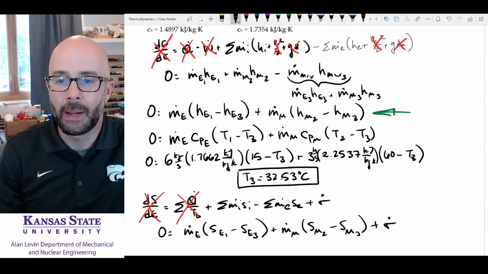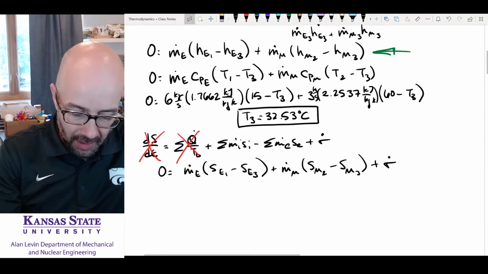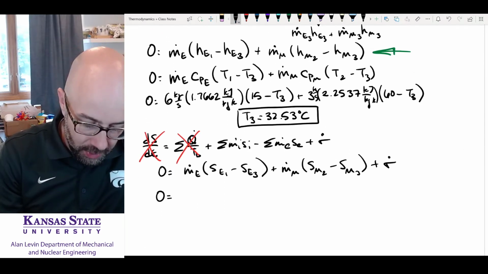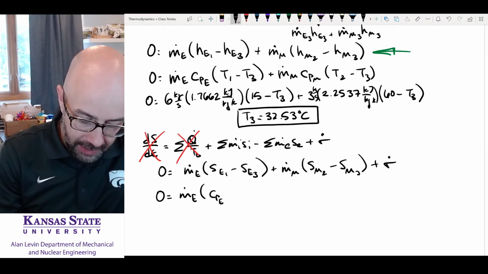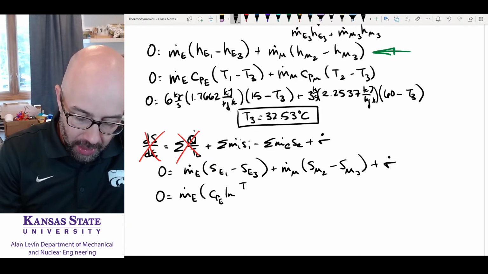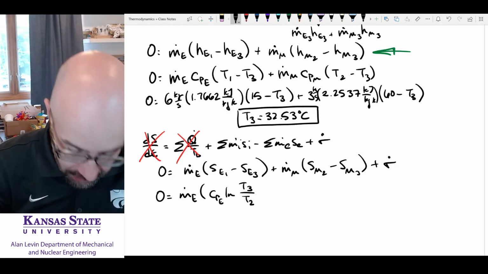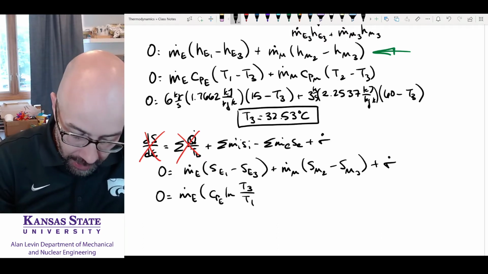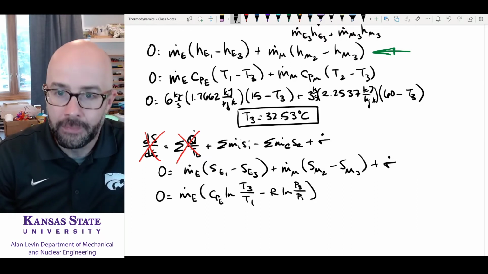Okay, plus sigma dot. Now we're using constant specific heat, so we now have to do our next step here and say, well, this is going to be equal to mass flow rate of my ethane times C sub P of my ethane times natural log of T3 over T1, minus R natural log of P3 over P1, okay?